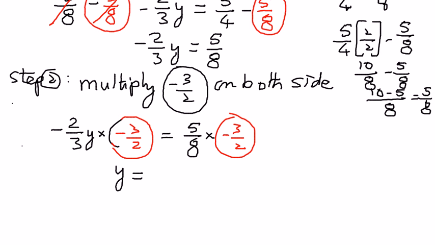Positive times negative is a negative, we multiply the numerators, we multiply the denominators. 5 times 3 is 15, and then 8 times 2 is 16, and therefore our answer is negative 15 over 16. This is where we want to leave it.